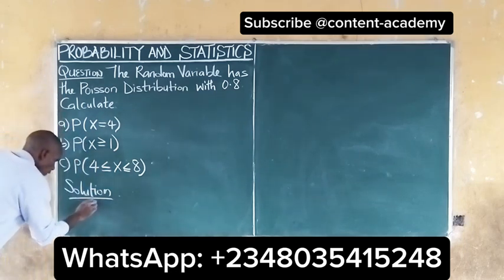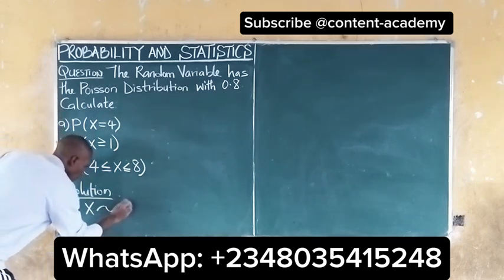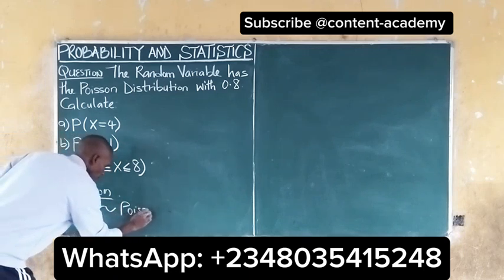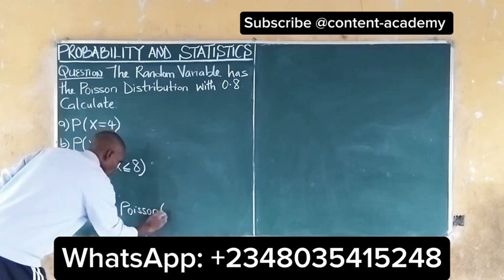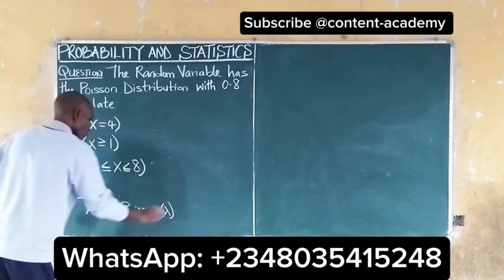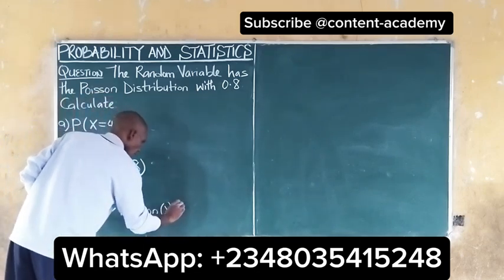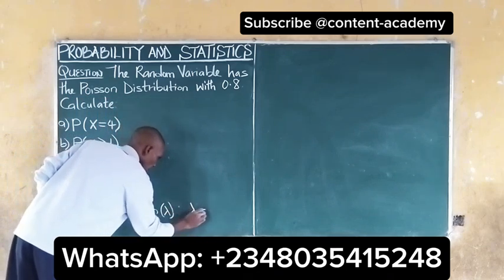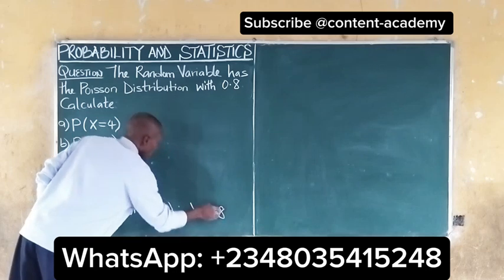Solution. We see that X follows the Poisson distribution given, with parameter lambda. So it then means that our lambda is equal to 0.8 as given.